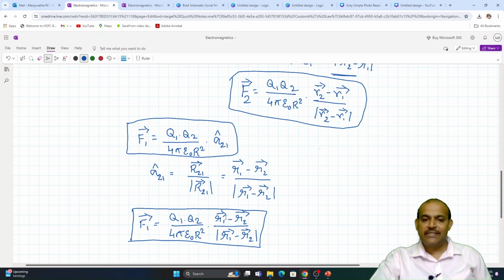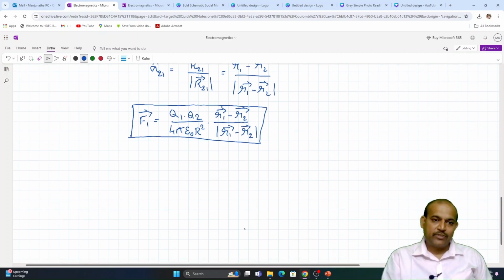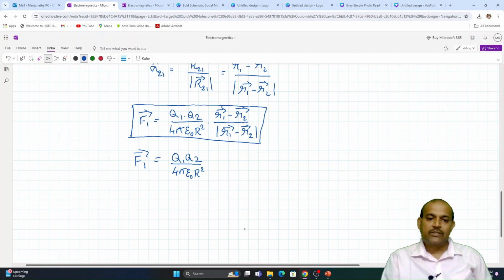If you reverse these, the negative sign comes out. Therefore, F1 equals q1 q2 divided by 4 pi epsilon naught, because it is free space I assume, into r square. I will reverse the vectors to r2 minus r1, so minus comes out. Whereas for the magnitude, it doesn't matter whether you write r1 minus r2 or r2 minus r1.